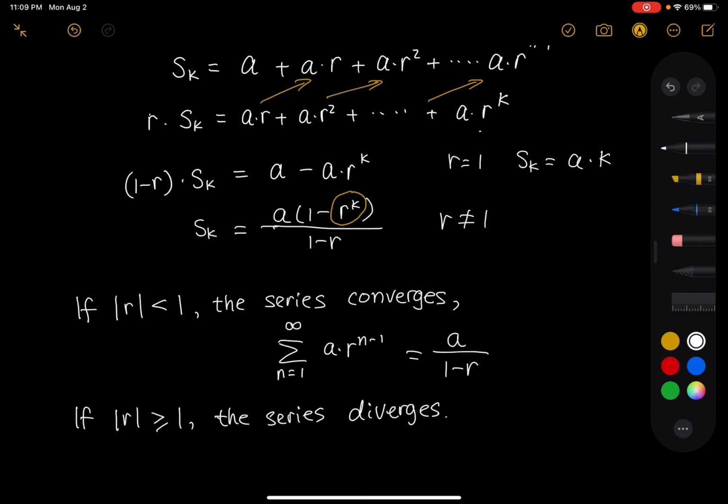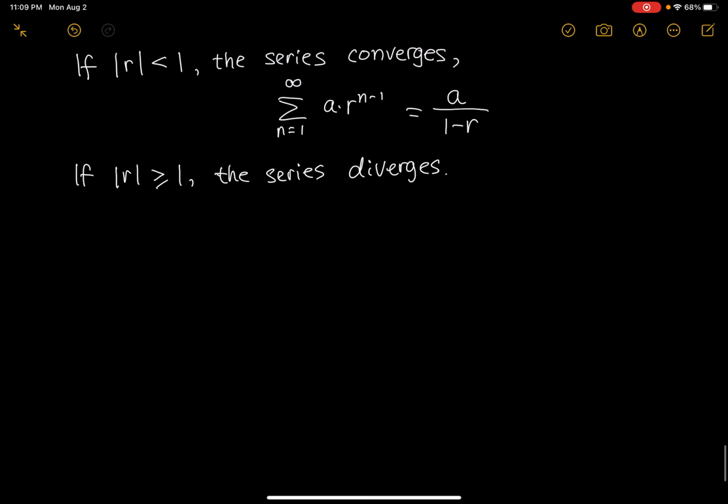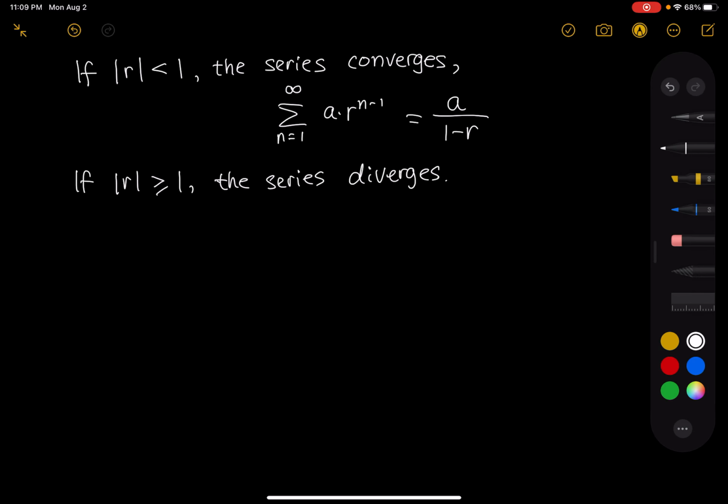But when r is greater than 1, let's say 2 or negative 2, the k power is getting bigger and bigger, so it's infinity on the top, and the bottom, 1 minus r, is always fixed. So we get divergence when the absolute value of the ratio is greater than or equal to 1. That is the discussion about the divergence or convergence of the geometric series.